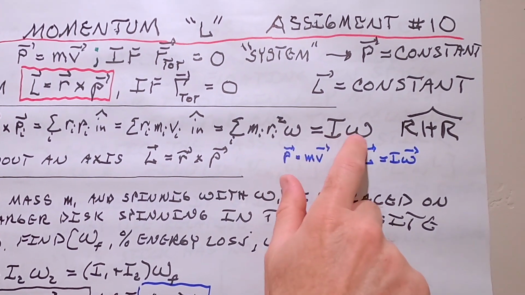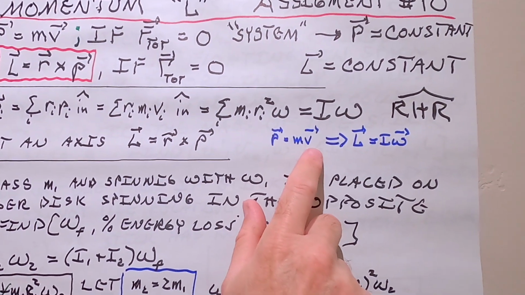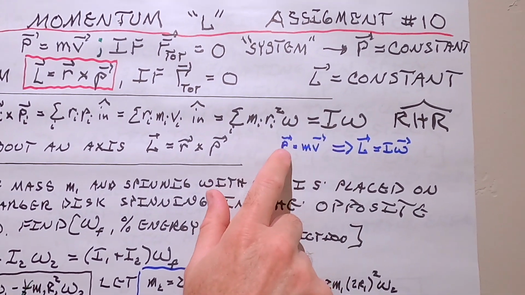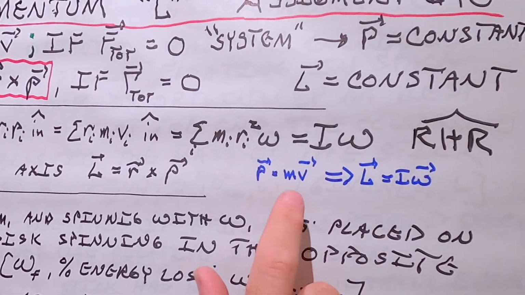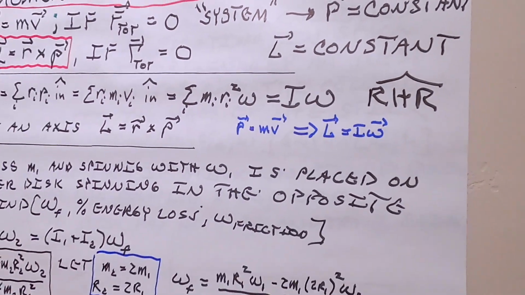So remember, our regular equation was p equals mv. Now, since we're just switching letters, we switch the p to L. That's angular momentum. We switch the m to I, and we switch the v with omega. So the equations are still the same.